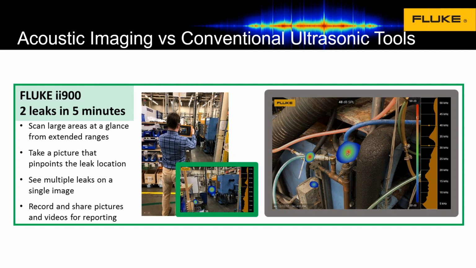A lot of people call finding leaks going on a snake hunt. You listen for the hiss. Well, guess what? You can have a whole lot of snakes in one piece of equipment, and it's really difficult to discern that with a traditional ultrasonic tool unless you follow every single line and every single junction and connection. With the i900, you can do it all at once.